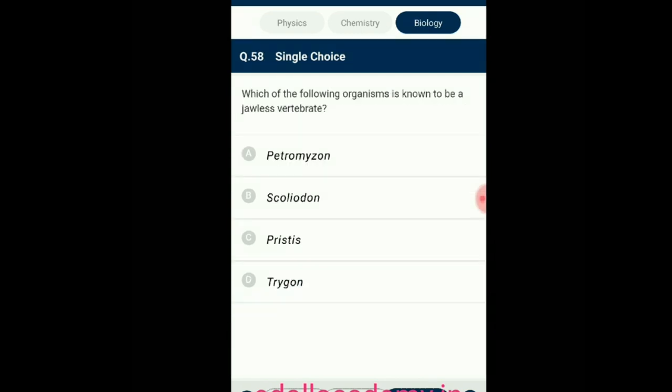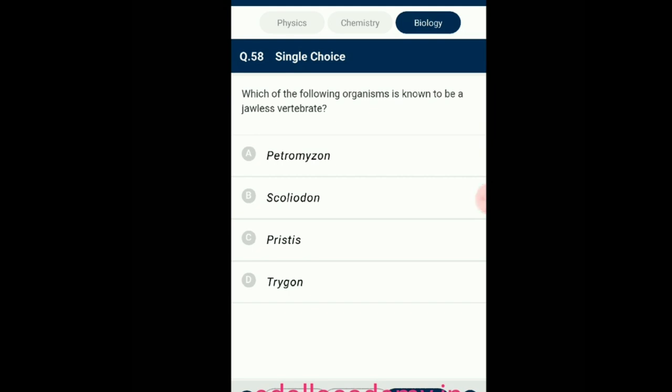Question number 58. Which of the following organism is known to be a jawless vertebrate? Petromyzon is commonly called as lamprey, belong to the class Cyclostomata of phylum Chordata. Scoliodon is commonly called as dogfish.